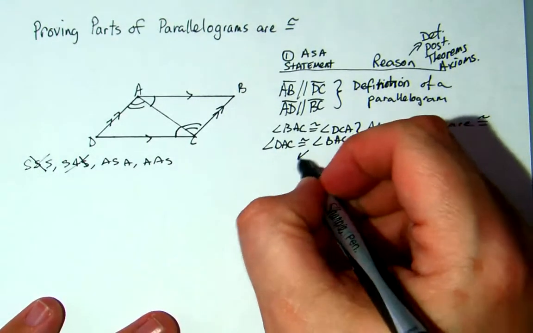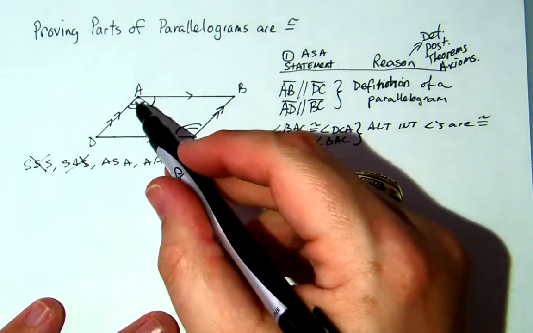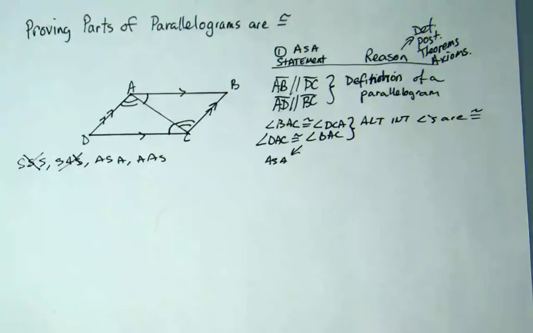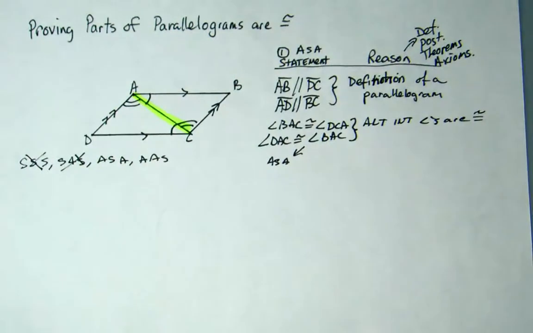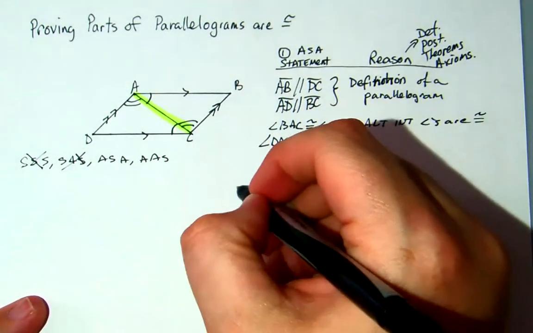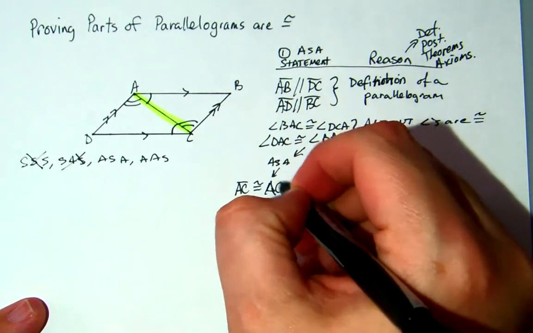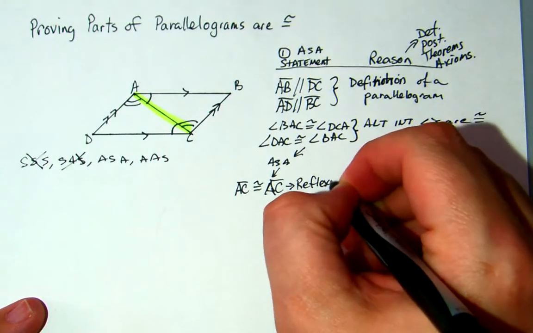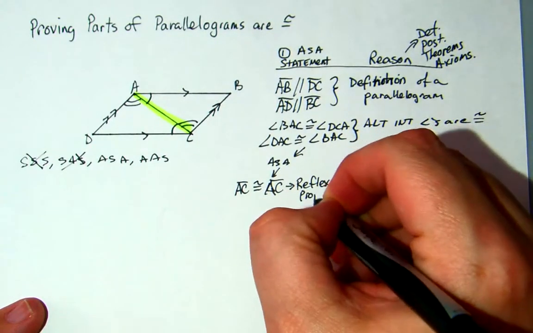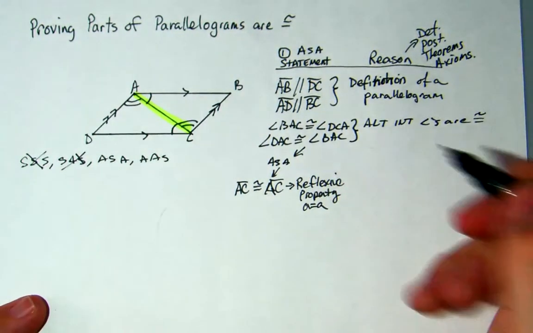If we want to go the angle, side, angle route, we need the side between the two congruent angles, which is your diagonal. So what we'll say is segment AC is congruent to segment AC, and the reason why is the reflexive property, which is really A equals A. Anything is equal to itself.